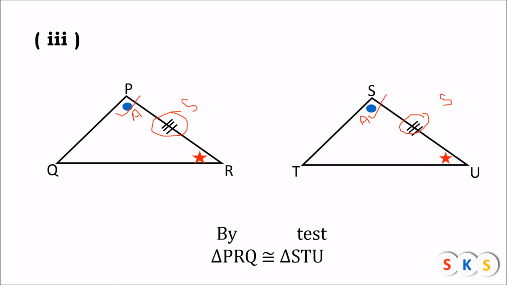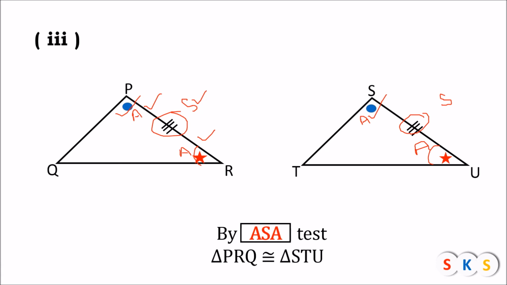And here angle R and angle U got the same kind of mark. Therefore angle R is congruent to angle U. So here angle P is congruent to angle S, side PR is congruent to side SU, and angle R is congruent to angle U. Therefore, these two triangles are congruent by angle side angle test.